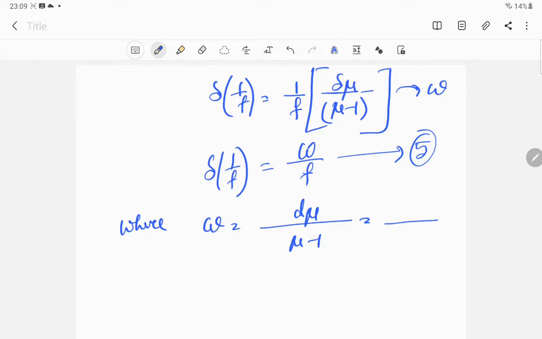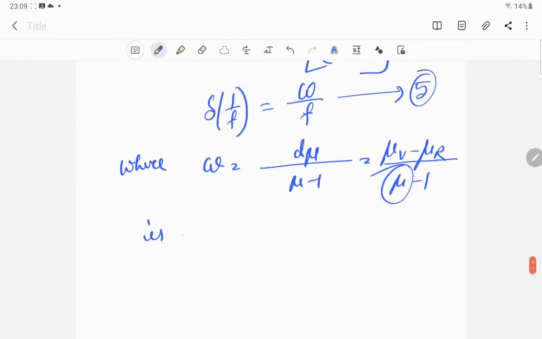Usually we consider red and violet as the extreme colors, so you may write it as mu v minus mu r, and mu minus 1, where mu is the average of both of them, mu v plus mu r divided by 2. That's all. So it's called the dispersive power of the lens.